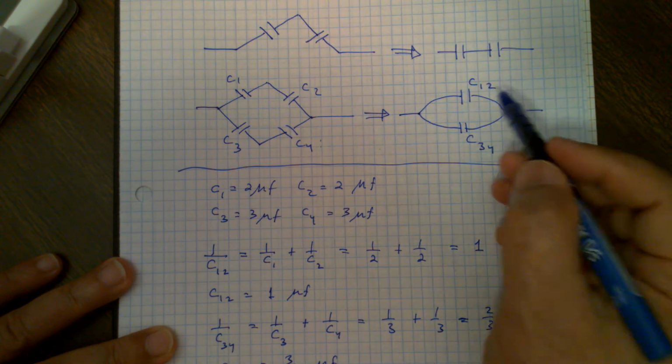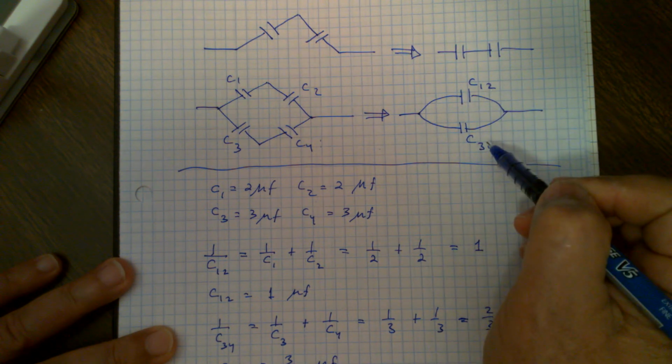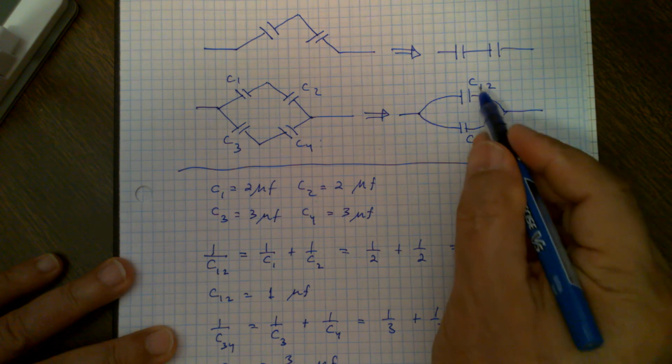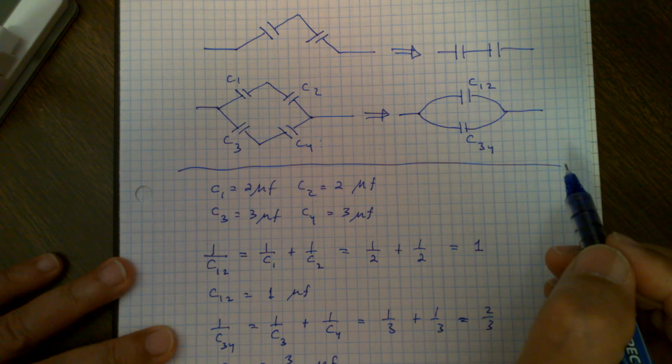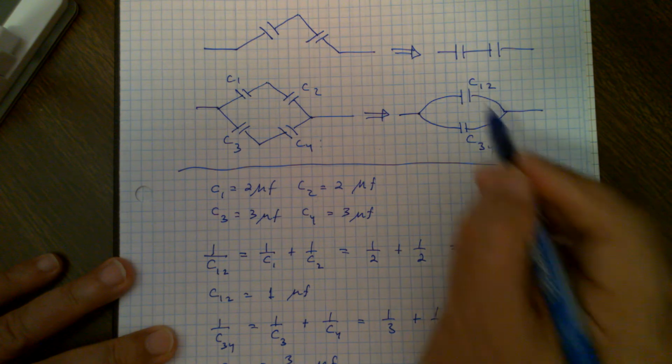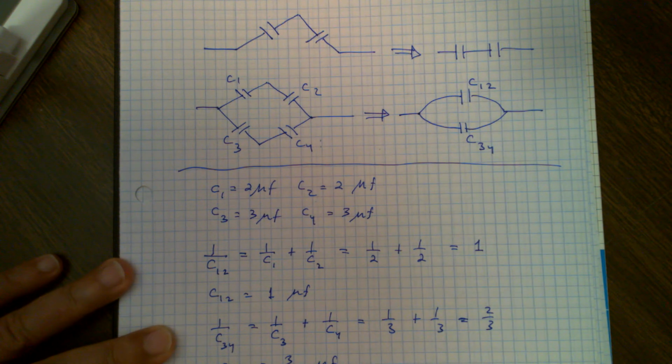So now I get C1,2 and C3,4. Now I want to get the final equivalent capacitance. In that case, the final one, C1,2,3,4, will be equal to C1,2 plus C3,4.